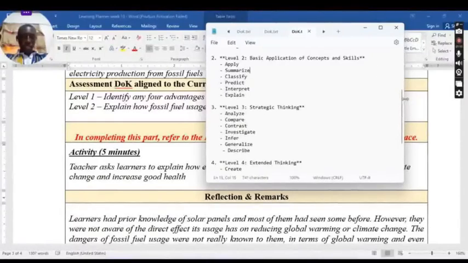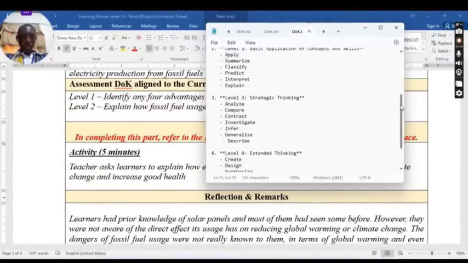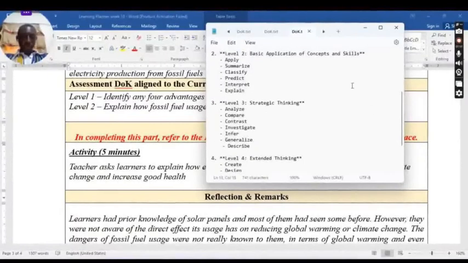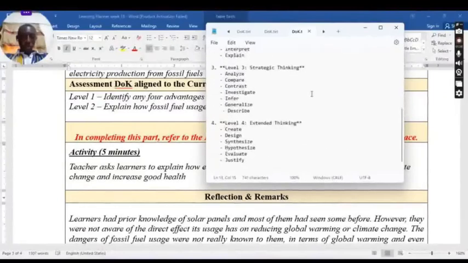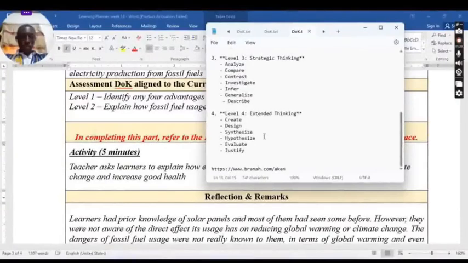Level 3, strategic thinking, extended thinking. So analyze, compare, contrast, investigate, infer, generalize, describe. Level 4, words like create, design, synthesize, hypothesize, justify, evaluate.